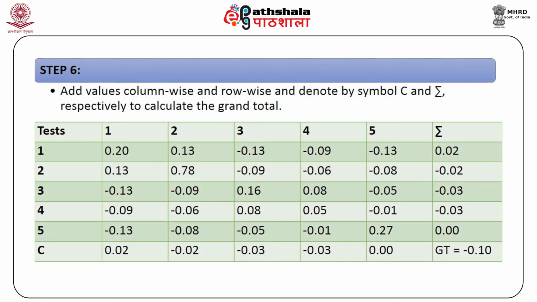Step 6 is to add values column wise and row wise, denoted by the symbols C and sigma respectively, to calculate the grand total.